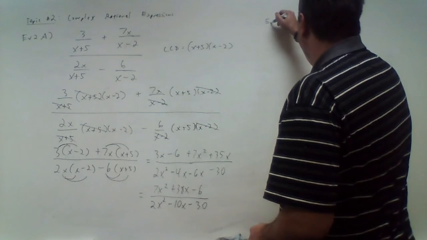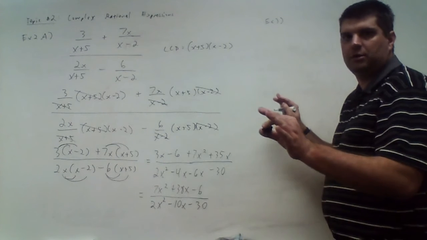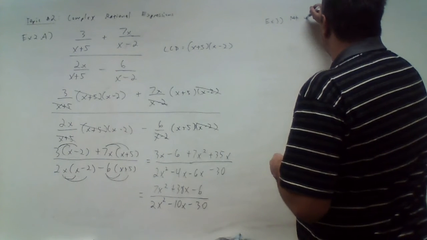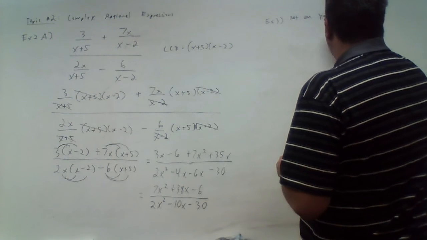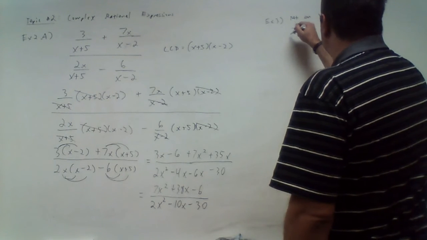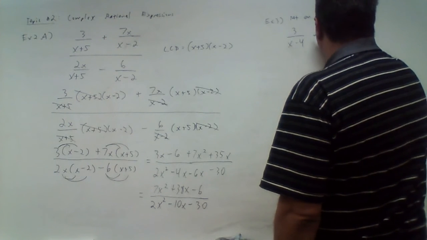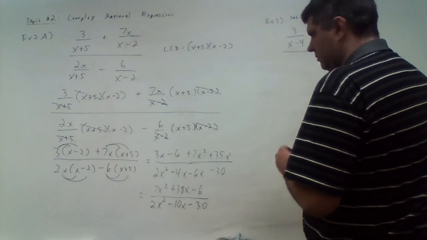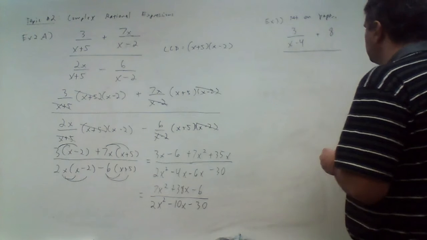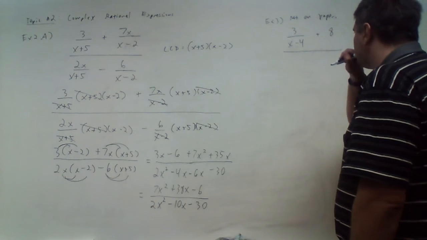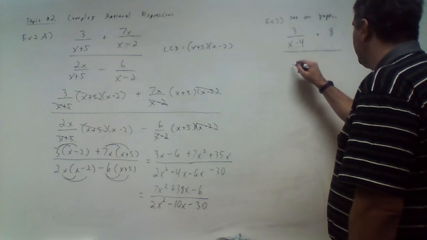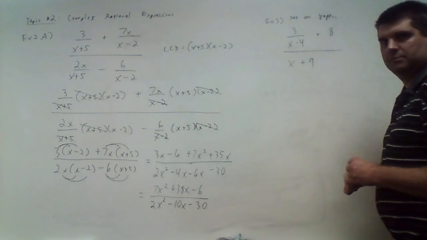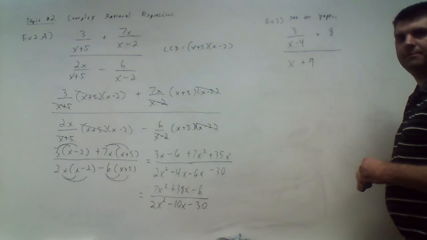So example 3, which isn't on there. It's not on paper. So we got 3 over x minus 4 plus 8 over x plus 9. Okay?